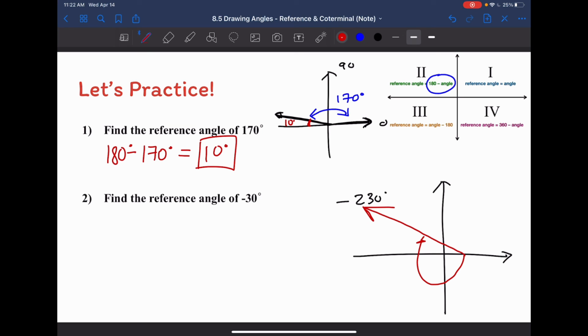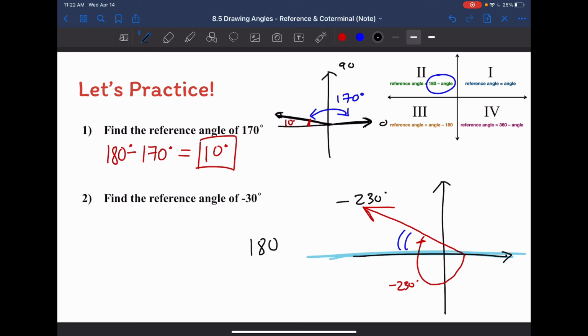So this is my negative 230 degrees, right? I know it's in the second quadrant. The x-axis is right here. You have to find this one, all right? That's going to be the acute reference angle. It's not going to be this one, okay? It's not that one.